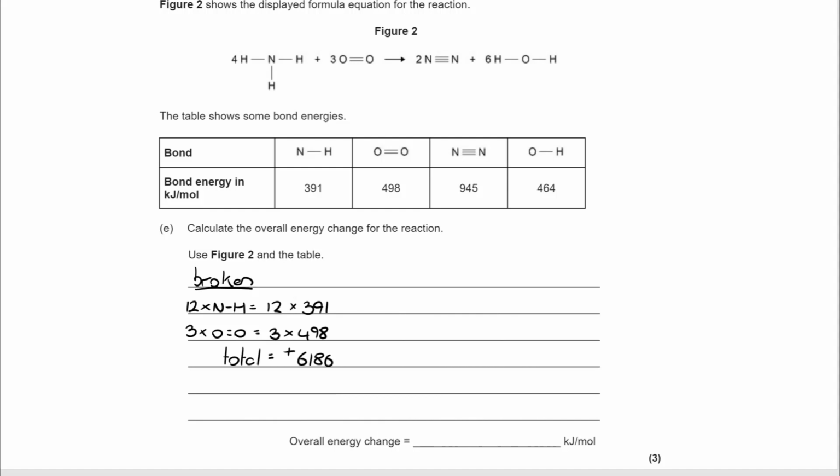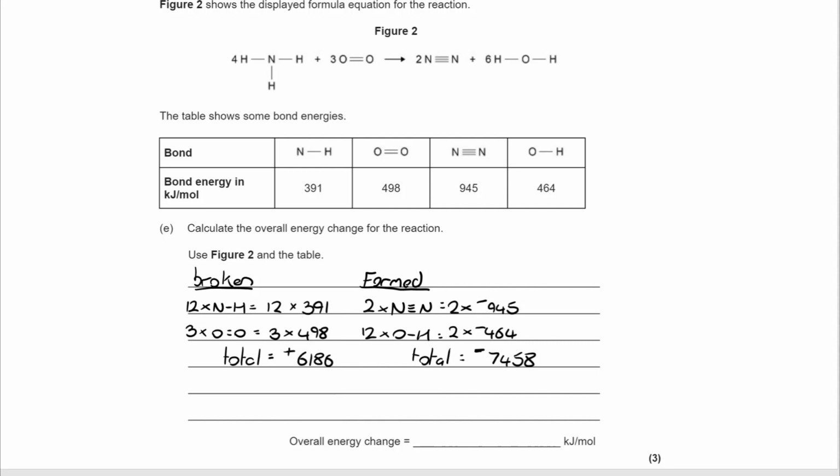If I now do the same with the other side, bonds forming is an exothermic process. They are negative, so I'm changing the sign on these. 2 N≡N is 2 times negative 945. 12 O-Hs is 12 times negative 464, taking us to negative 7458.